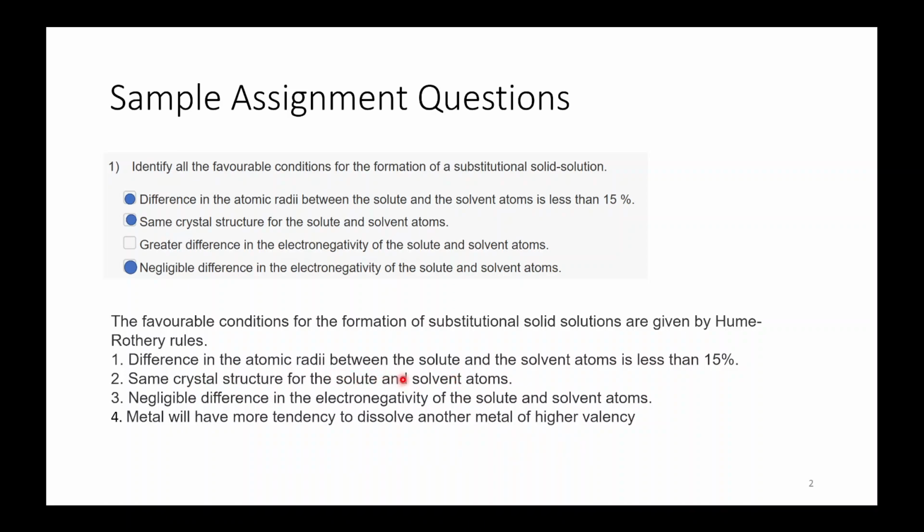So if both are FCC, for example copper and nickel both have an FCC structure, and there should be negligible difference in electronegativity, so that there won't be any formation of intermetallic compounds. And a metal should have more tendency to dissolve another metal when it has higher valency.